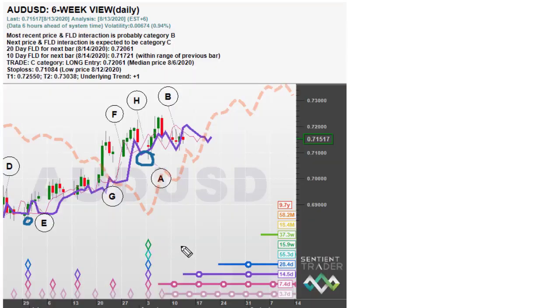The fact that it potentially formed at the level of the 20-day FLD reiterates for us the extreme bullishness in this market.